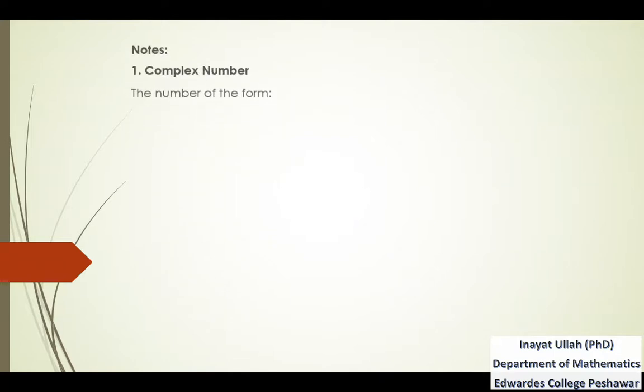A complex number is a number of the form a plus b iota, denoted by z.